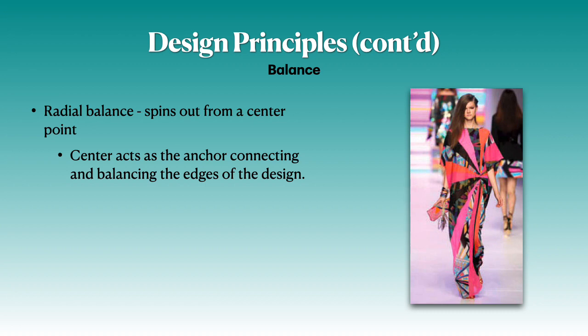Can you identify where that center point is and where it anchors and branches off? You should have recognized that it is in the center of the garment, more at the waistline. It's pretty much a center point with rays spreading through the garment.